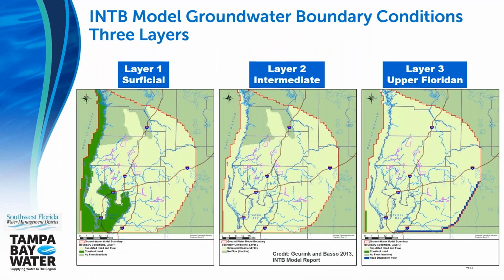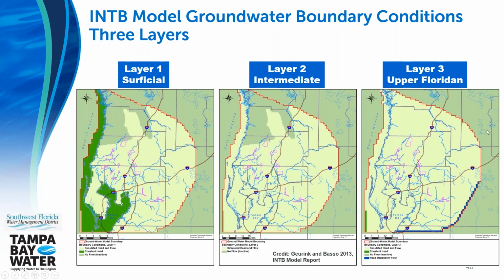Boundary conditions for the 3 layers include active zone in this light green for all 3 layers, inactive for the moderate green, again, unconfined Floridan, so there is no layer 1 or 2 in this area. And then the dark green are constant head cells, which allows for upward discharge of the Floridan Aquifer into the Gulf of Mexico and Tampa Bay.